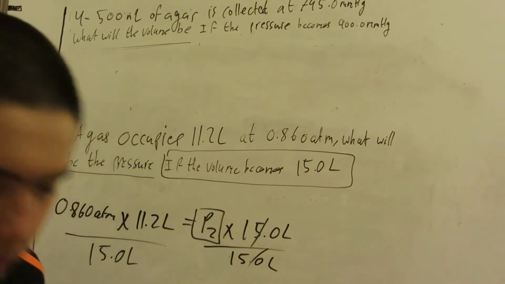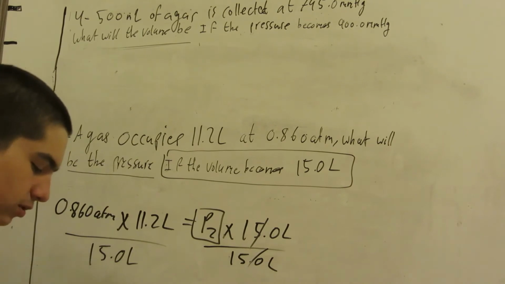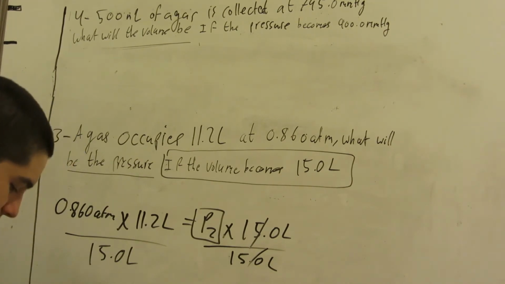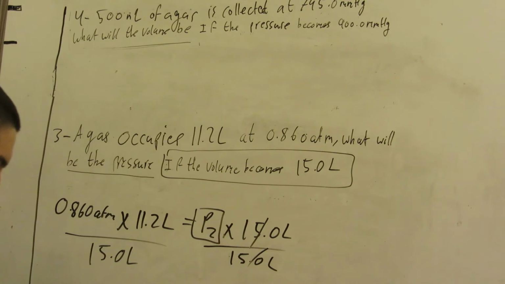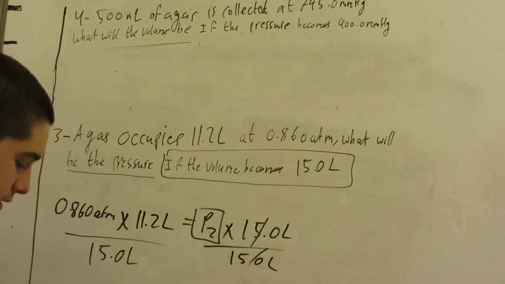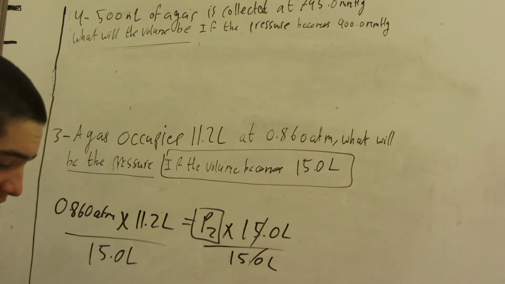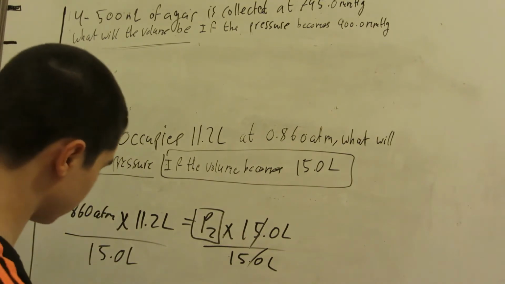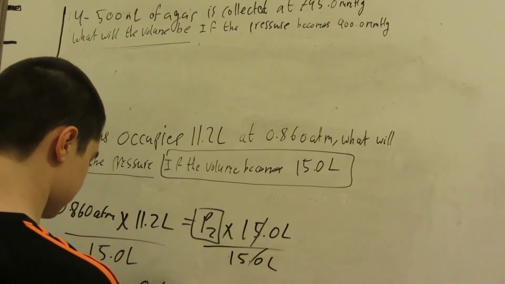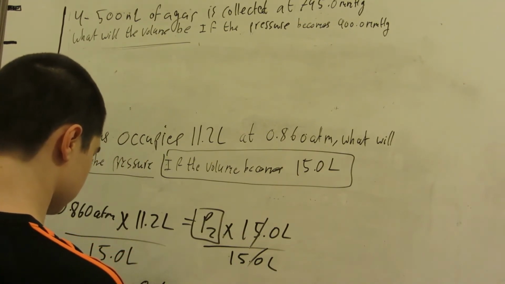Let's do the question using the calculator because we don't want to waste time. Alright, so just write down 0.860 multiplied by 11.2 divided by 15.0, and that's going to be an answer of 0.642.